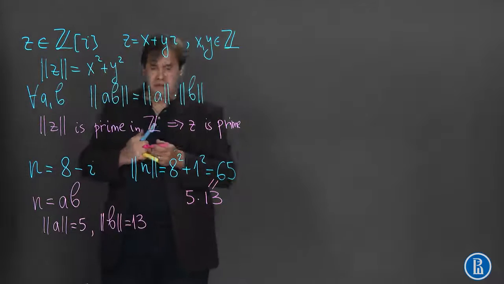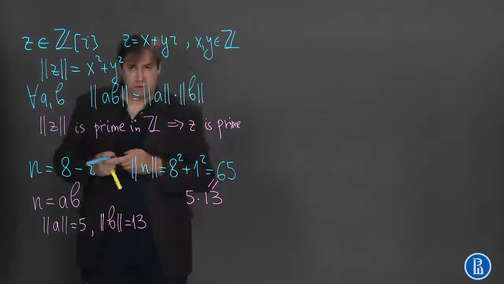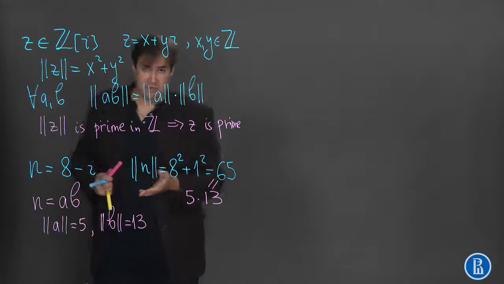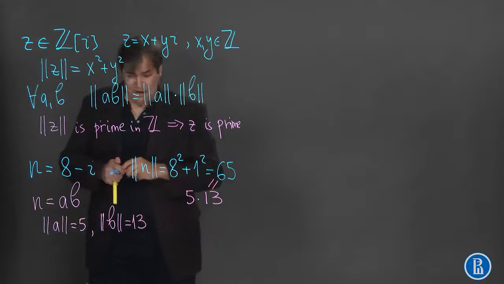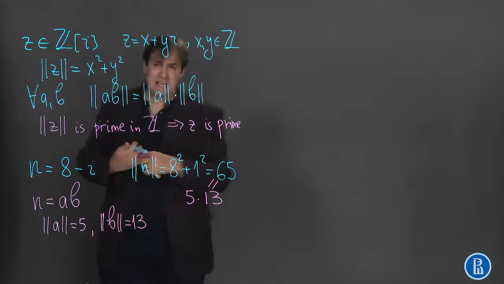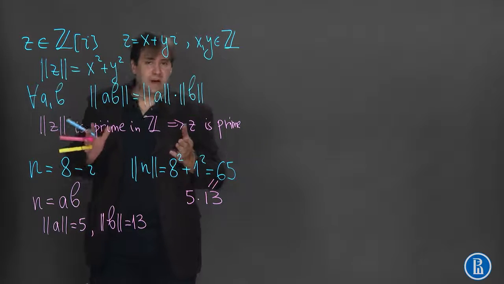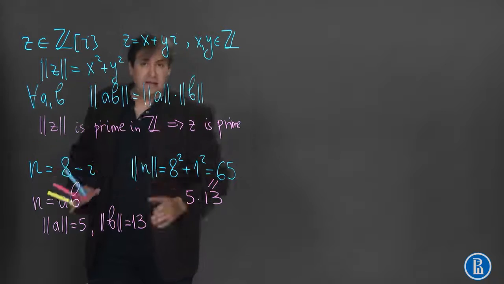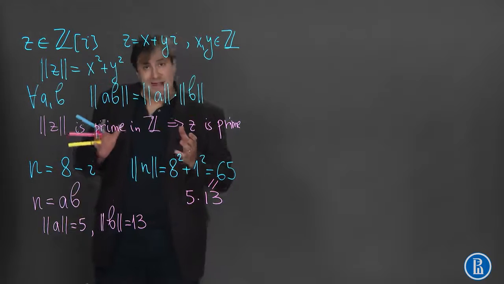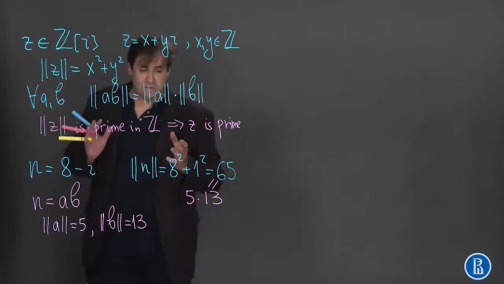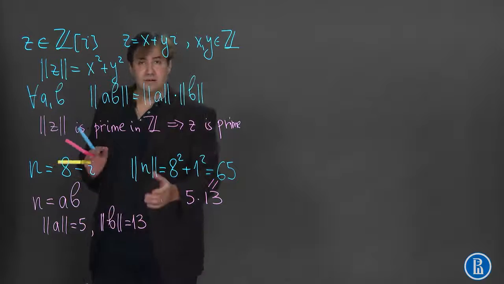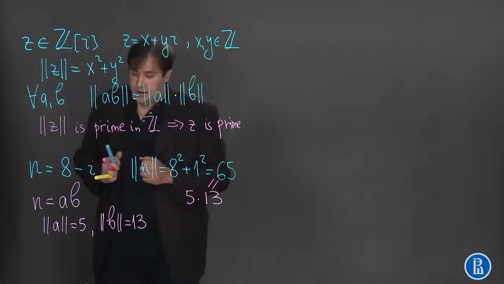Am I saying now that n can be decomposed into a product of such elements? Well, actually, no. All I'm saying is that if we want to find the decomposition of n, then these elements must have norms equal to 5 and 13 correspondingly.